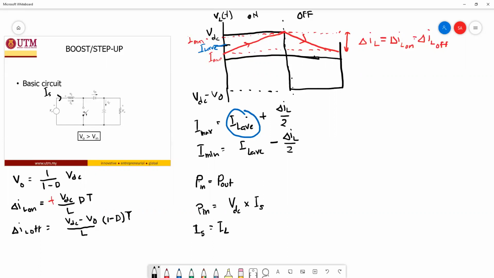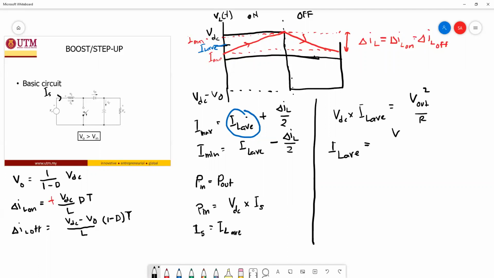Since IS is a DC current, IL here is the IL average, which is a constant DC. Based on that, we can write P in as VDC multiplied with IL average, which is equal to P out, where P out is V out squared over R. So finally, we have IL average equal to V out squared over VDC R.